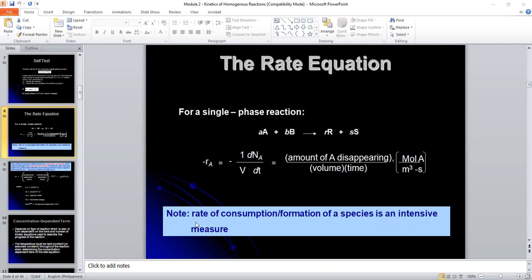So note, the rate of consumption or formation of a species is an intensive measure. Can anybody tell me what we mean by an intensive measure? The rate of a reacting species or a species that is being produced is an intensive measure. What do we mean by this?